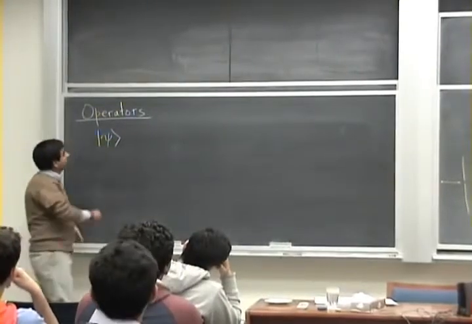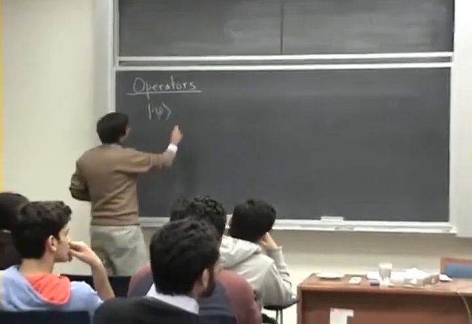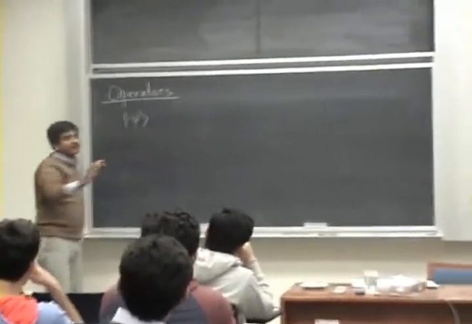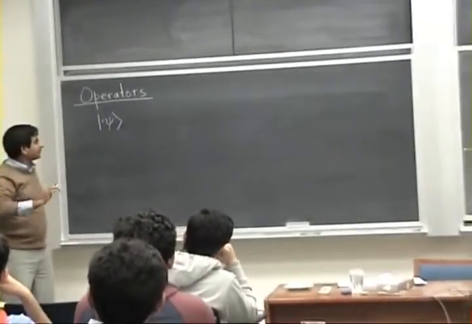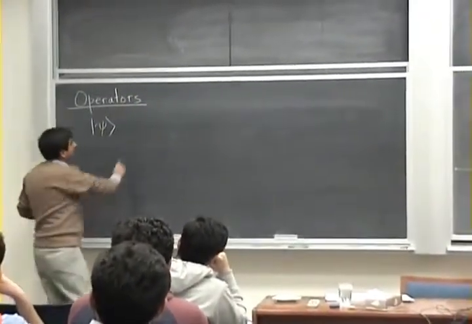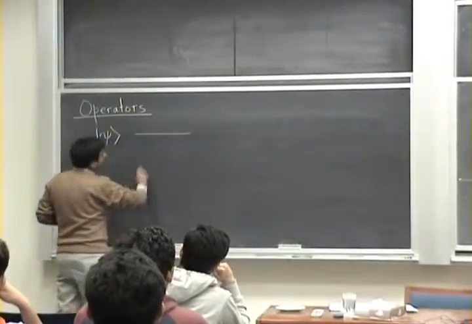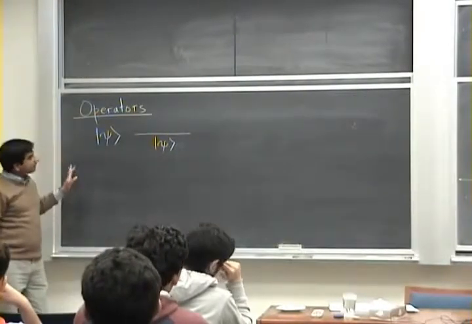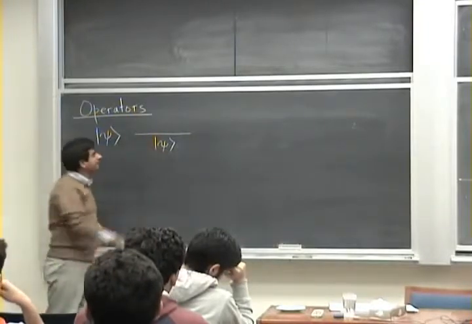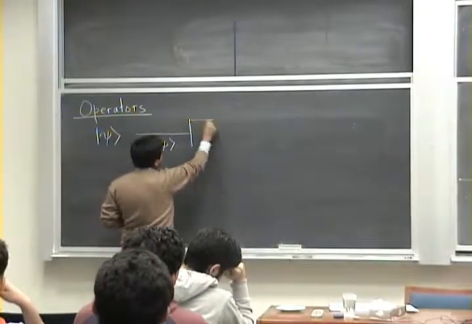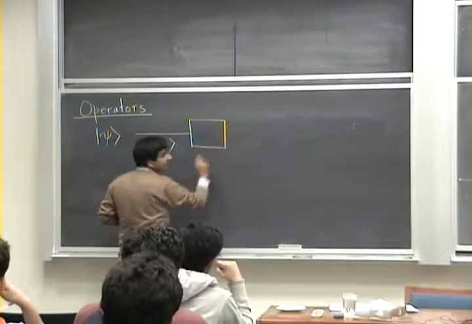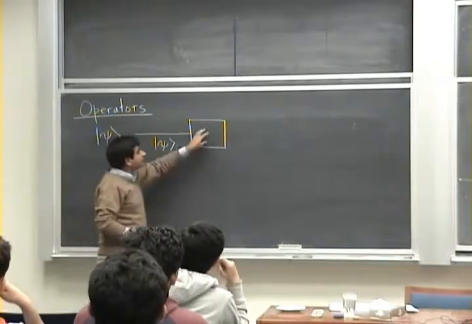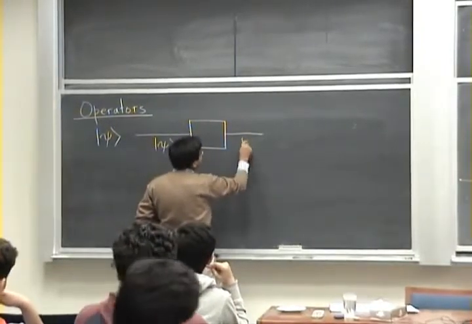Now I'm going to make a generic diagram. A generic diagram means I'm going to make a logical flow chart. I draw a line and I say that there is a quantum state psi that is present here, and there is some action that takes place, and after this action the new state is psi dash.